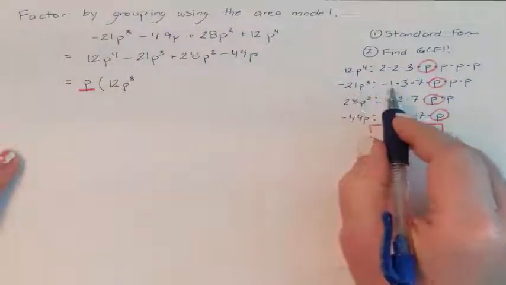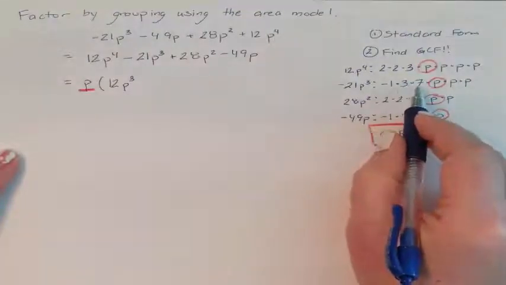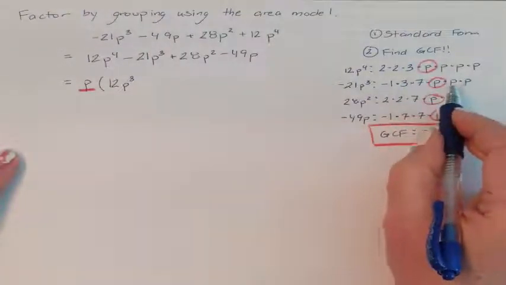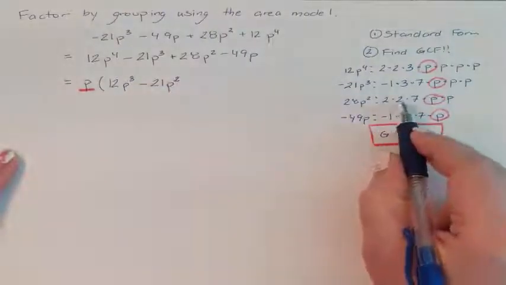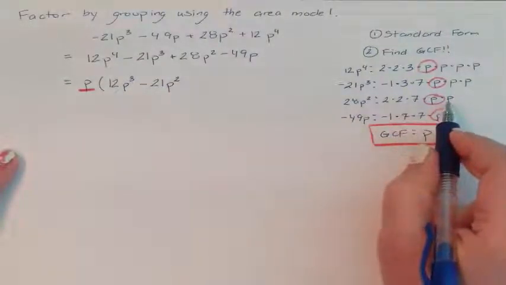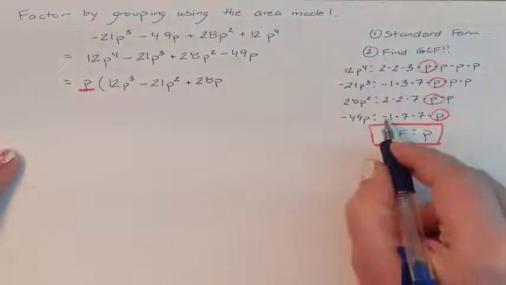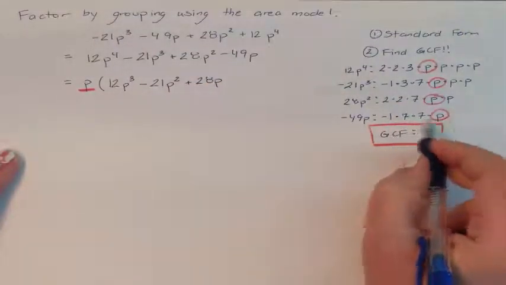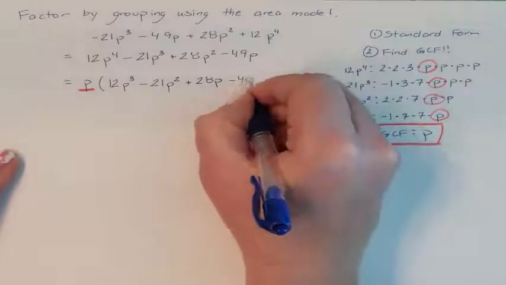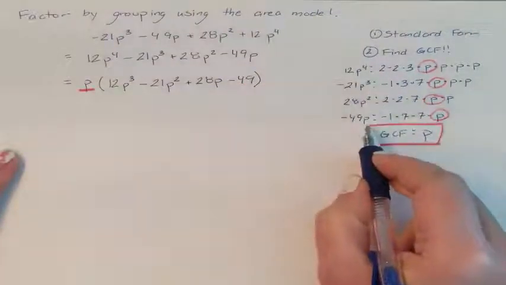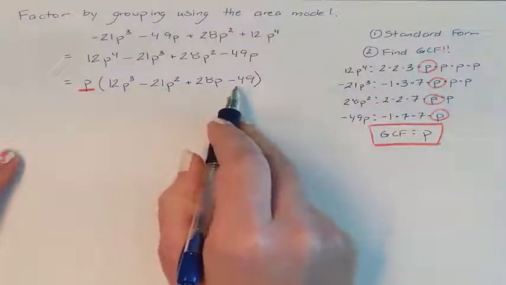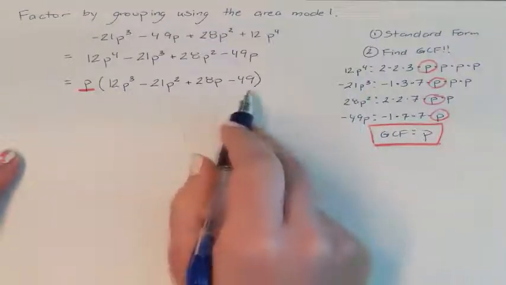Chunk 2, term 2. Negative 1 times 3 times 7 is a negative 21p squared. 2 times 2 times 7 is 28 times that p, so it's a positive 28p. Negative 1 times 7 is a negative 49, and that was it. 4 lists, 4 chunk leftovers. There has to be the same number.